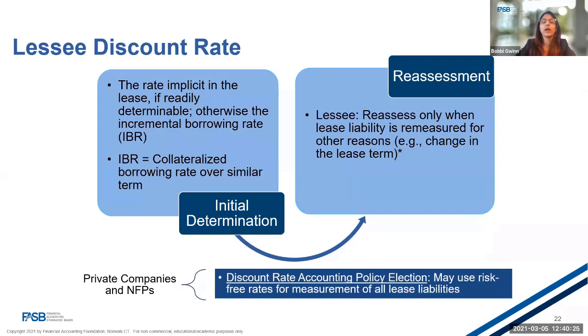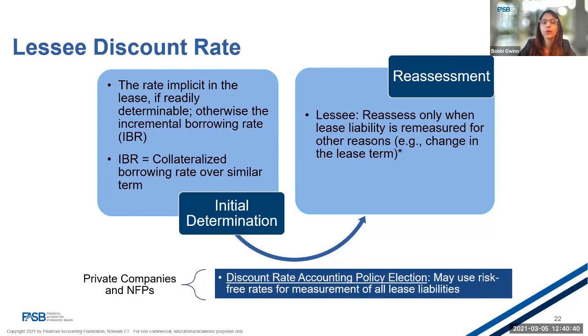Topic 842 requires a lessee to use the rate implicit in the lease if readily determinable, and if not, the lessee uses its incremental borrowing rate. This requirement is similar to the previous GAAP.